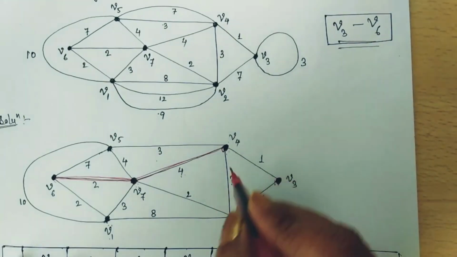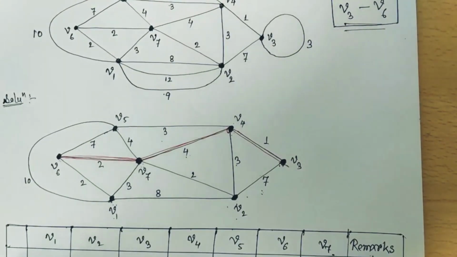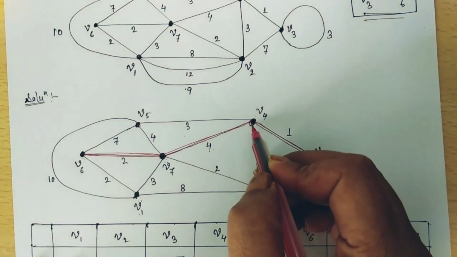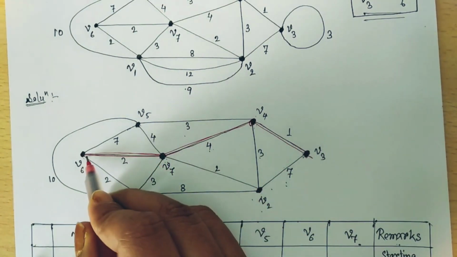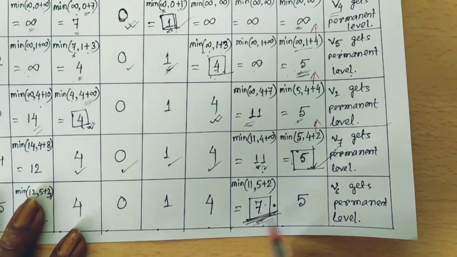So from V4 to V3. V3 is your starting point, hence we get the shortest path as V3 to V4, V4 to V7, V7 to V6, and its length is 1 plus 4, 5 plus 2, it is 7. It is the same as this length.